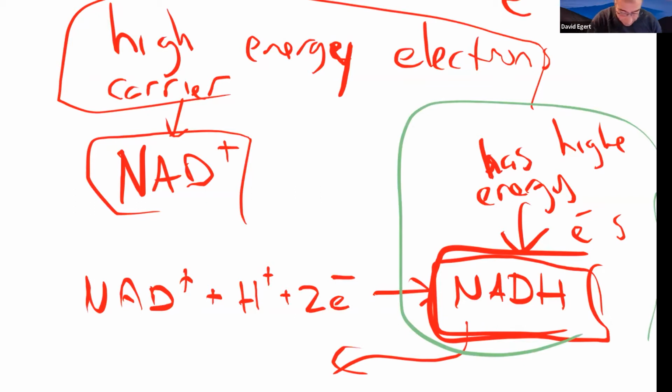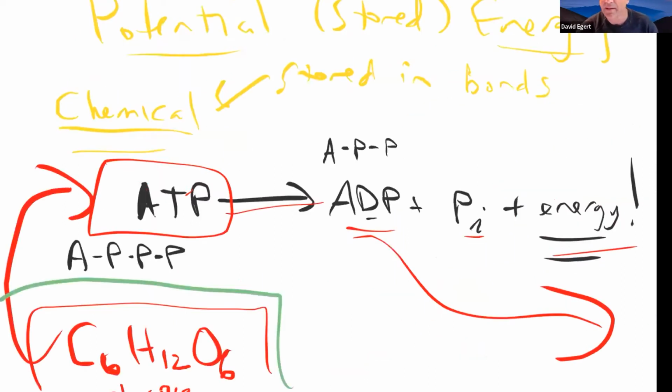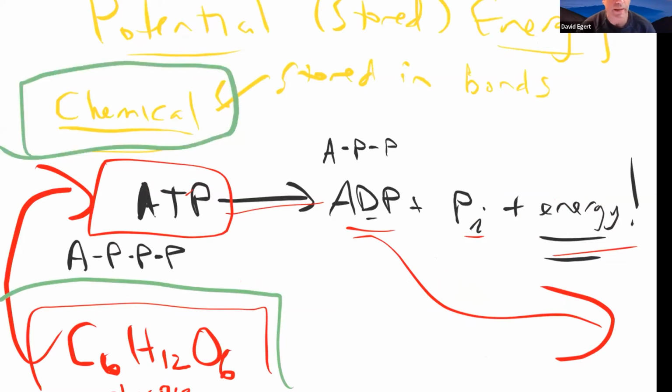Like I said, glucose, classic, storing potential energy that we're going to be using a bunch because it's the main fuel for cellular respiration. So, potential energy stored in chemical bonds. And again, we'll come back and look at this in much more detail as we go into specific examples.